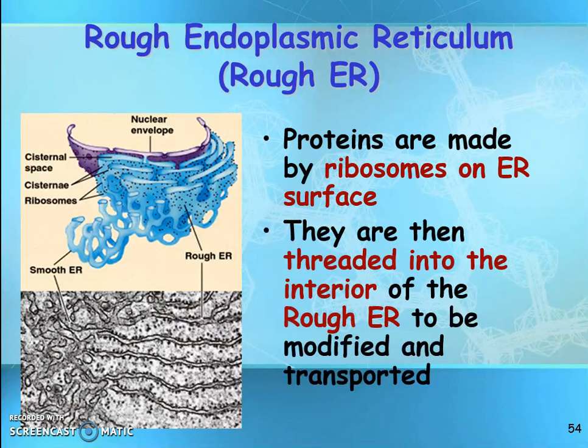So where are the proteins made? We are going to do that in detail when we do protein synthesis, but basically the ribosomes, which are attached on the endoplasmic reticulum surface, make the proteins, and the endoplasmic reticulum transports these proteins to other parts. They are threaded into the interior of the rough endoplasmic reticulum, modified and transported.